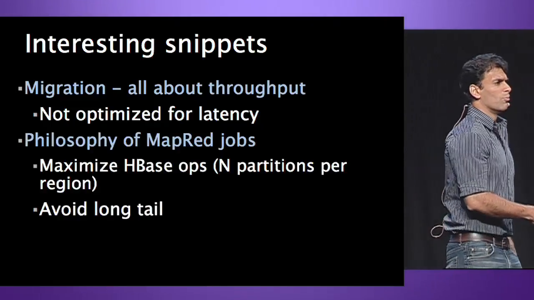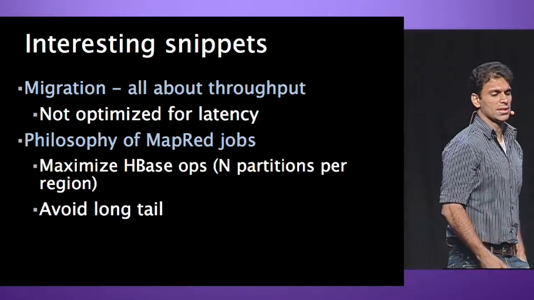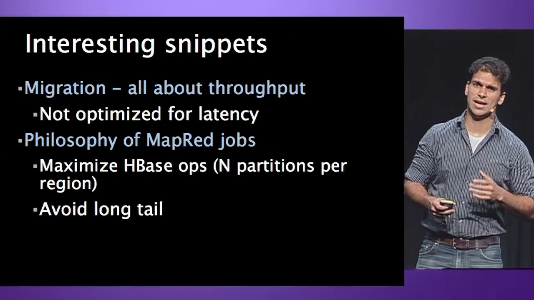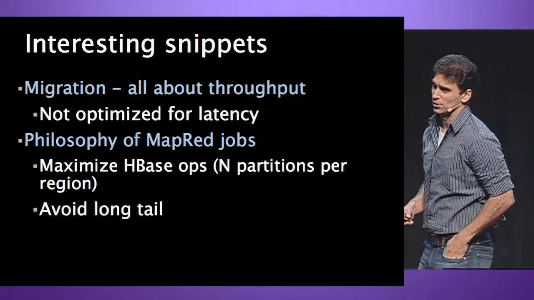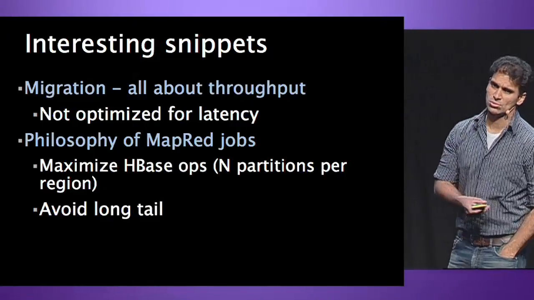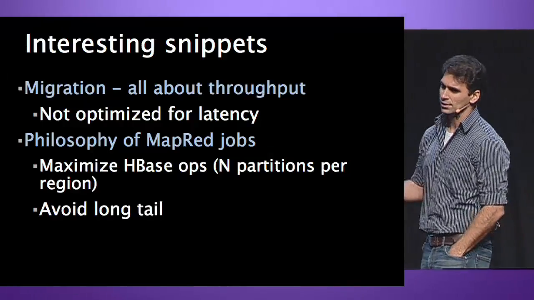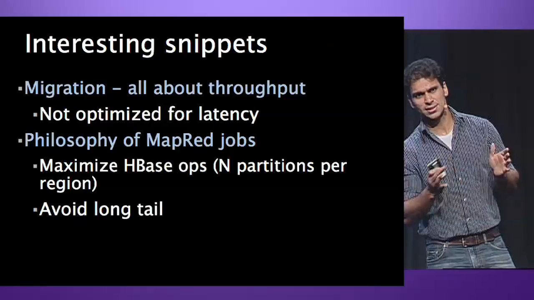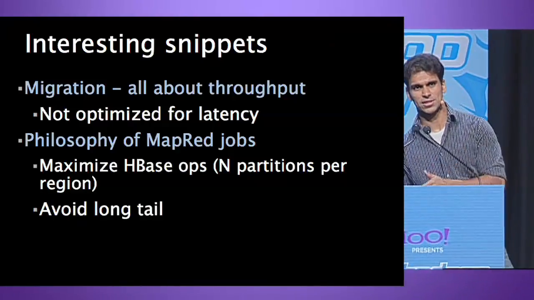So two of the most common and recurring themes in our MapReduce jobs was that we wanted to maximize the number of HBase ops that we did using MapReduce. So in order to do this, we used a partitioner, and simply the partitioner would take the key space and split it according to the HBase regions.